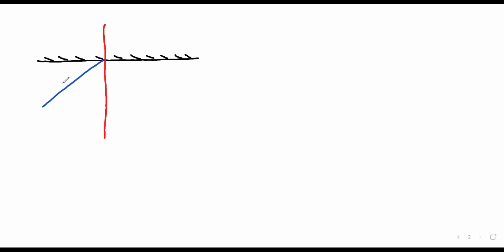Now let's see about the reflection of light in detail. This is an opaque object. I'm drawing a normal at the surface, and this is my incident ray. At the point of incidence, I have drawn the normal.